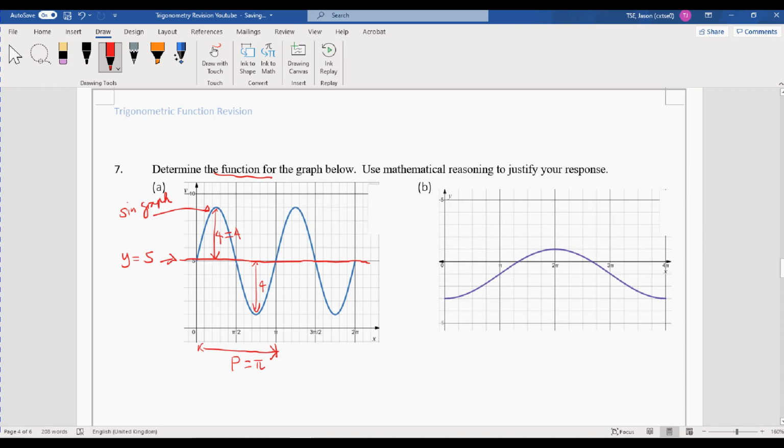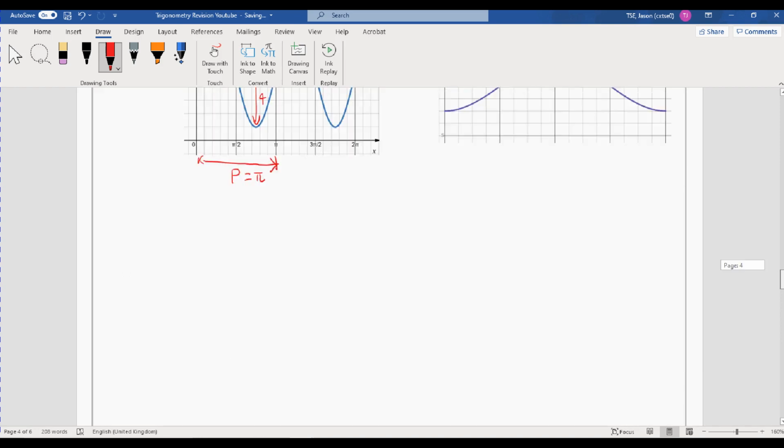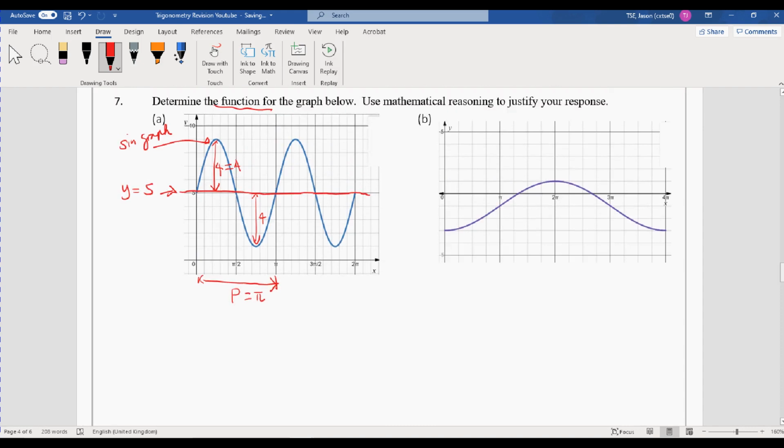So you've got the amplitude, you've got the period, and you know the middle line is y equals 5. Let's put things together. We know this is a sine graph, so let's write y equals a sine b bracket x plus c bracket plus d.